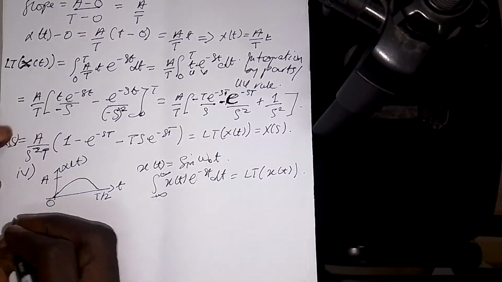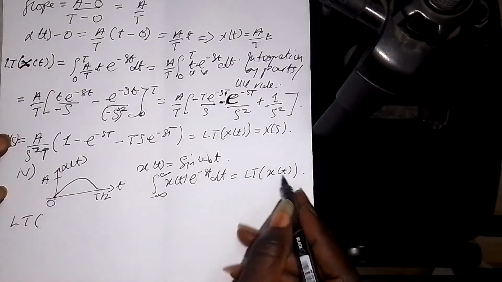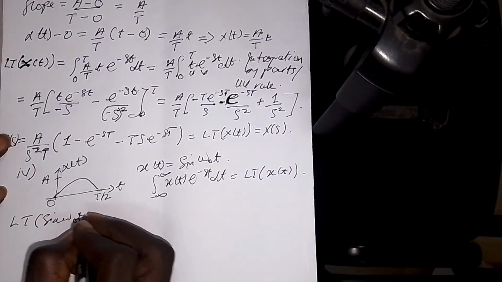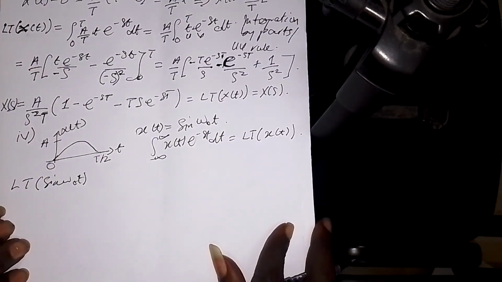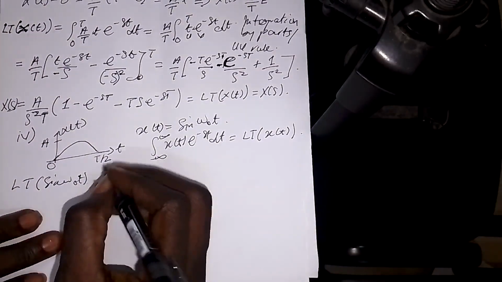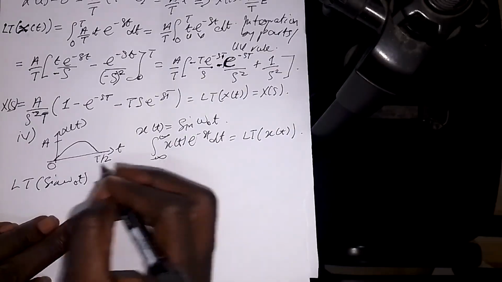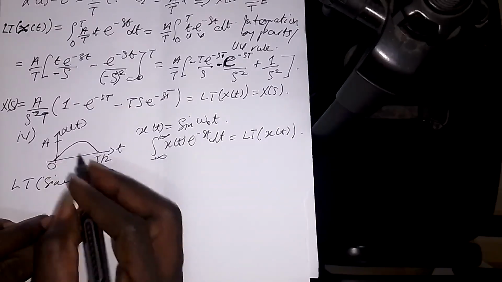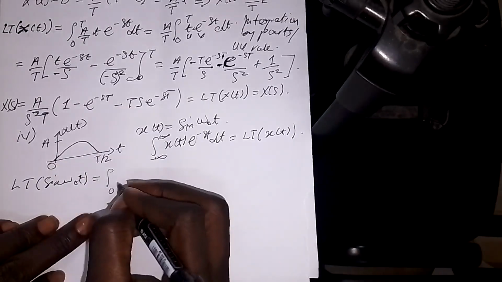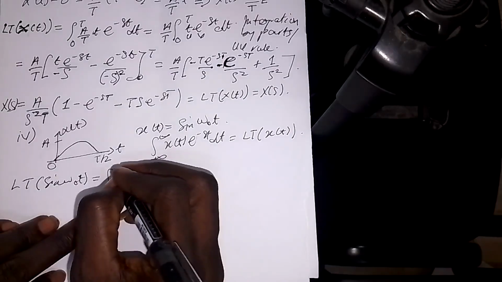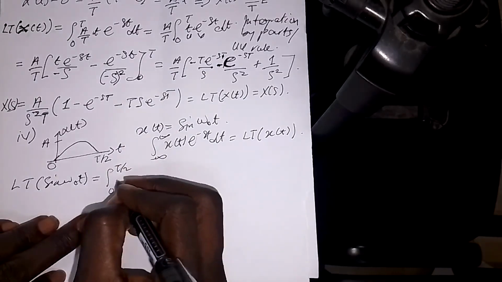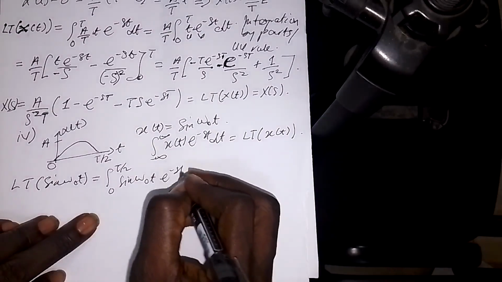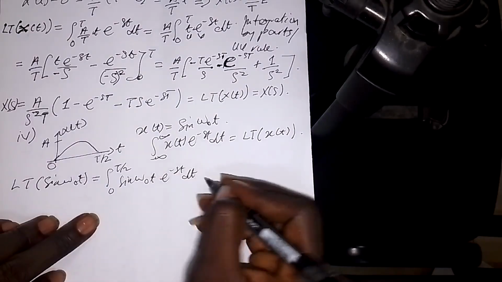So now the Laplace transform of x of t, which is sine omega naught t, is going to be the integral from 0 to t on 2 of sine omega naught t e to the minus st dt.